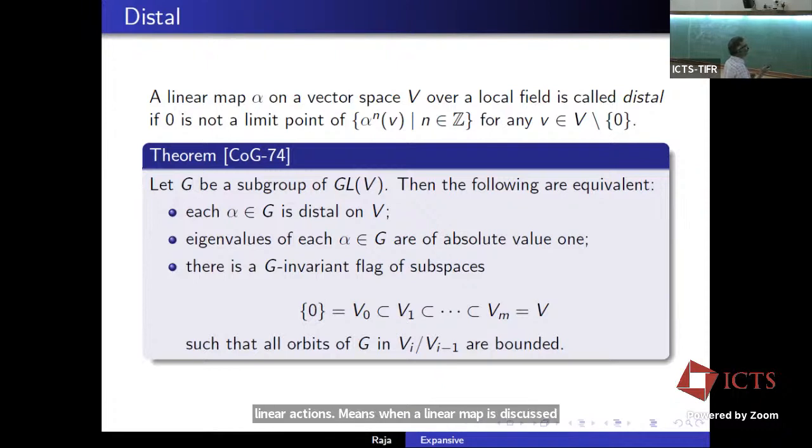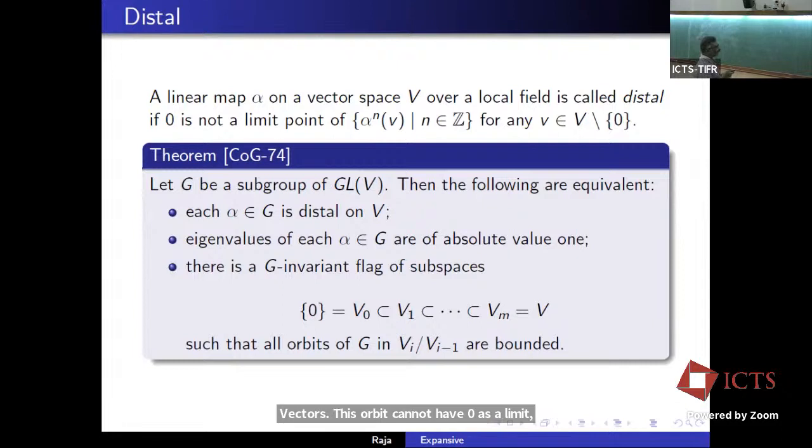A linear map on a vector space over a local field is called distal if you look at the orbit alpha^n v, that orbit cannot have 0 as a limit point for any non-zero vector. For the zero vector, this is only a single point 0. For non-zero vectors, this orbit cannot have 0 as a limit point.